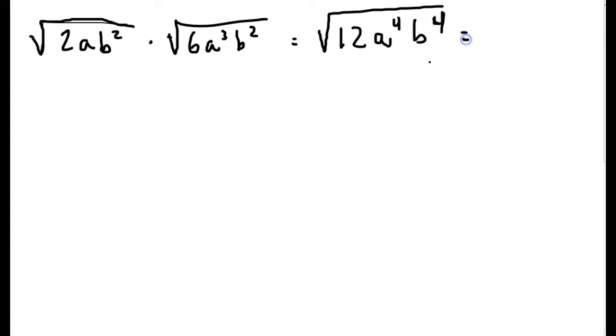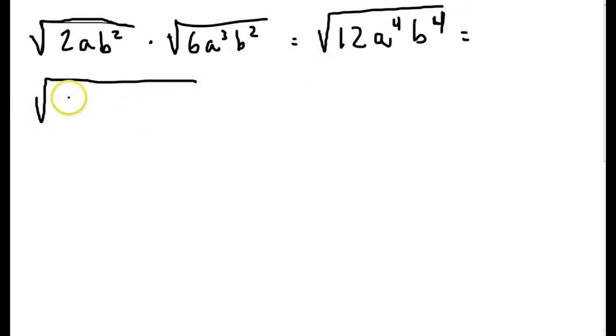Now, the next step is to look and see what we can pull out of here, because we have some perfect squares in here, don't we? How about this 12? It's not perfect. Are there any perfect squares that live inside of it? A squared, B squared. In 12, can we break down 12?